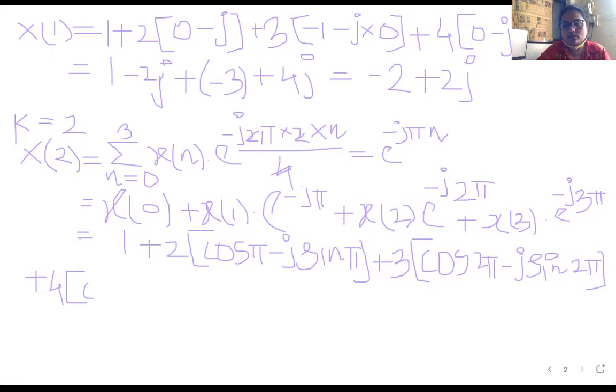So this is going to be cos 3 pi minus j sin 3 pi, right? So this is the last term of this equation.